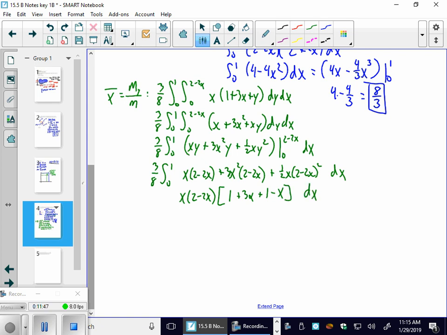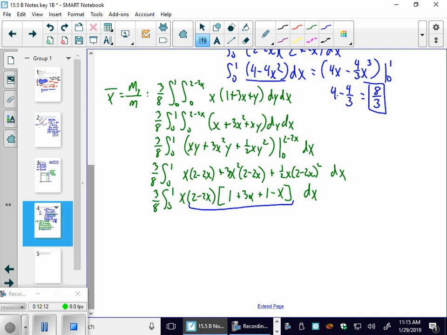This should all start looking familiar. What you should notice is all of this is exactly the same as what we did up in the mass portion. The only difference is I have that extra x. So all of the thing I just highlighted in blue is going to simplify to our 4 minus 4x squared.